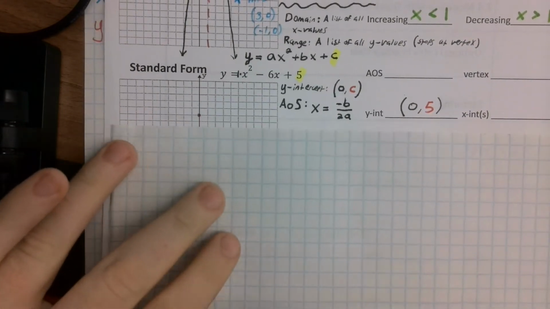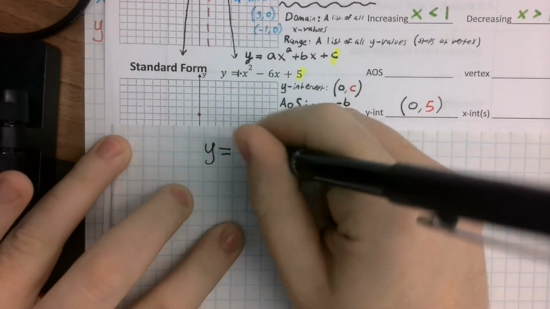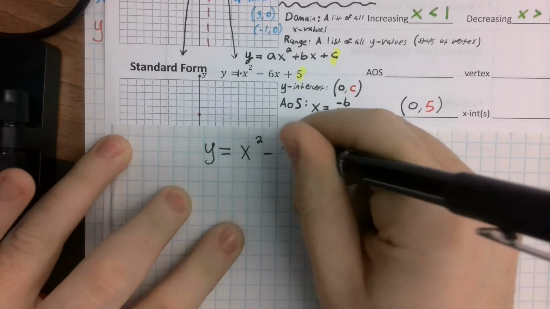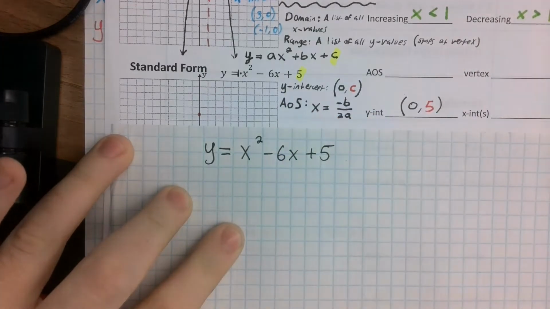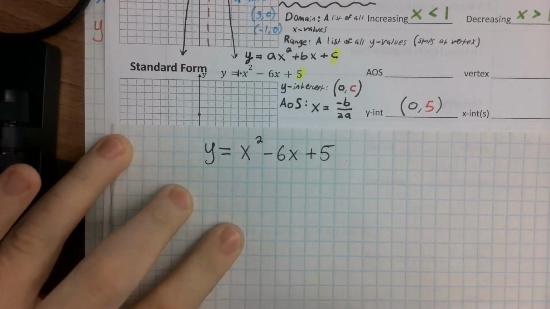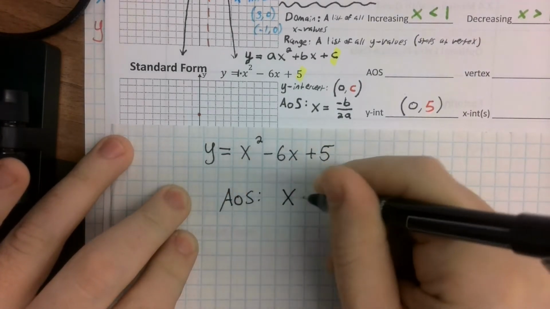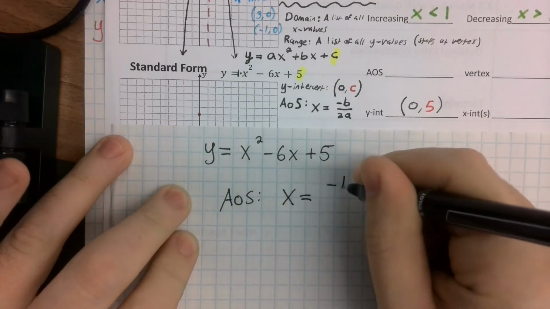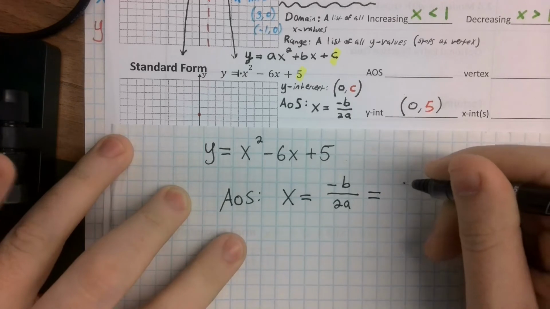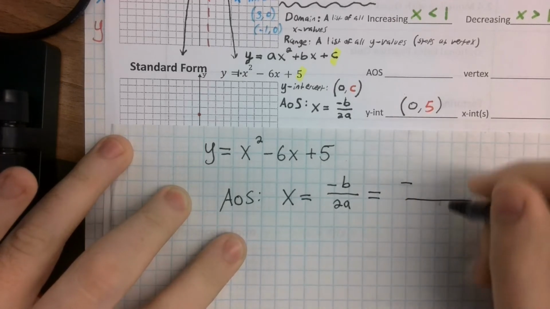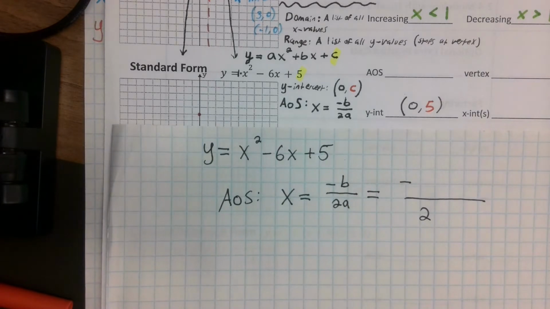Let's take a look at our parabola again. Our parabola, the equation is y equals x squared minus 6x plus 5. To find our AOS, we say that for the axis of symmetry, x is equal to negative b over 2a. So it's going to be negative something over 2 times something. Well, what's our b value here?